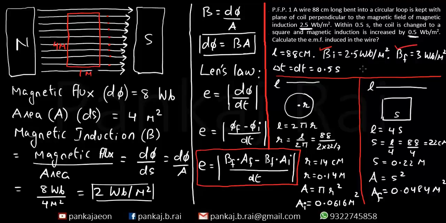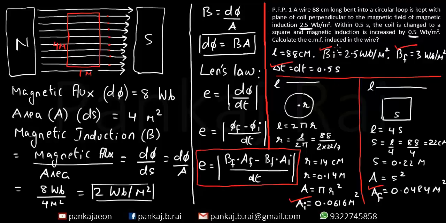Initially the length of the wire was molded into a circular coil, and we just found the area of that circular coil. This is the initial area, and then the circular coil is converted into a square. This is the final area, which we also know, and we are also aware of the time duration in which these things happen.